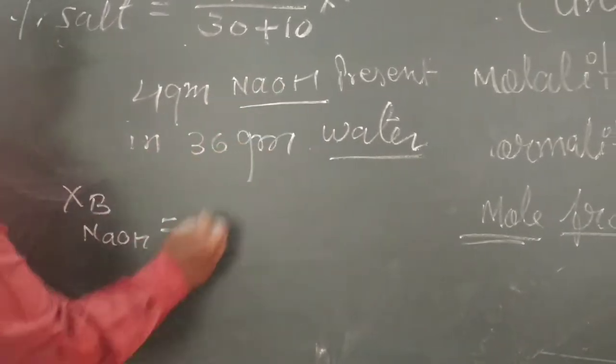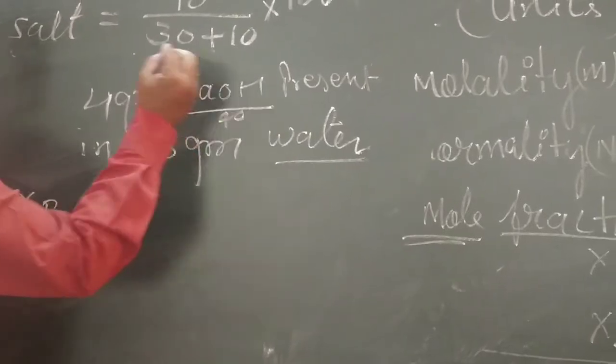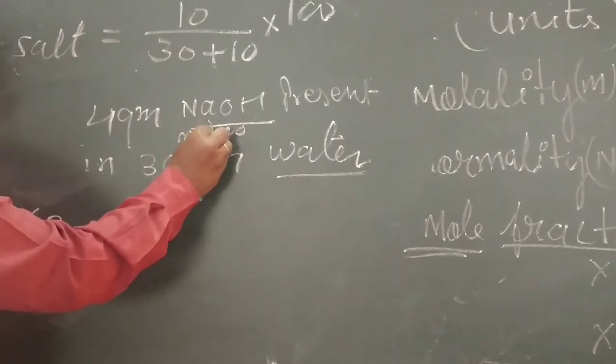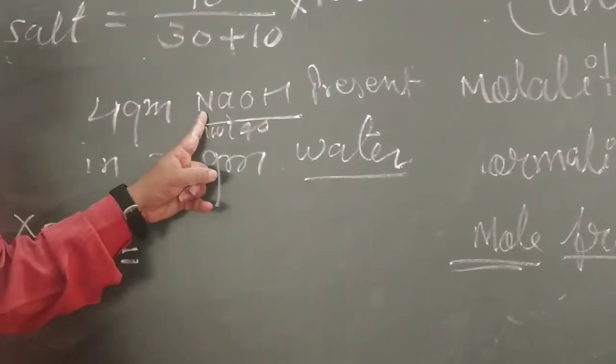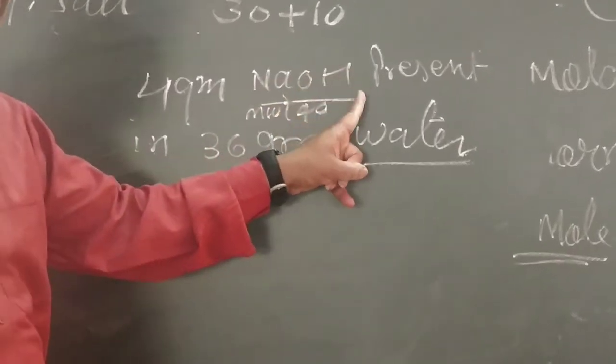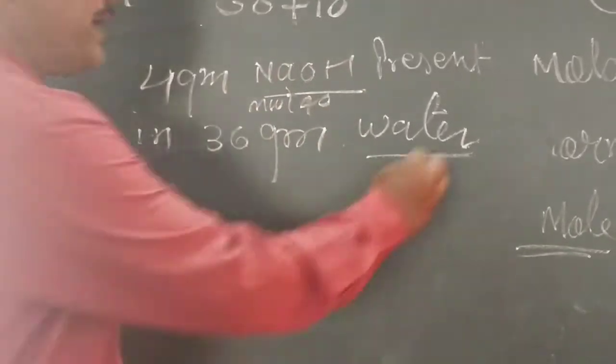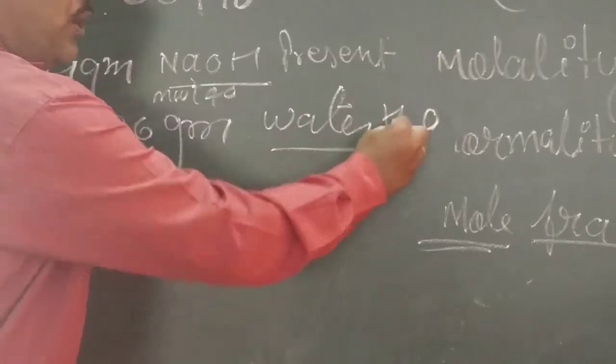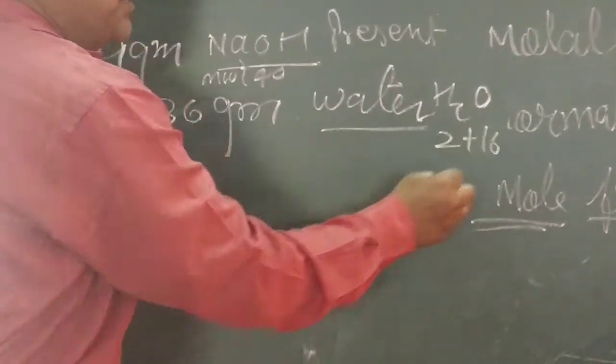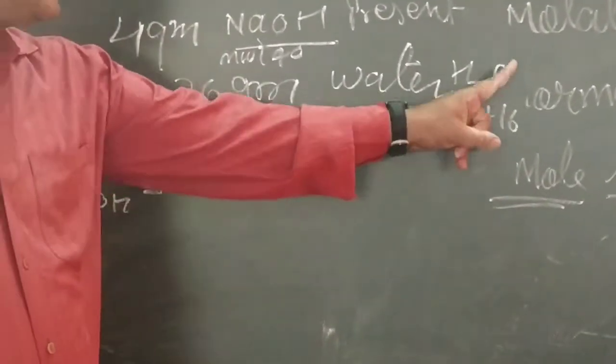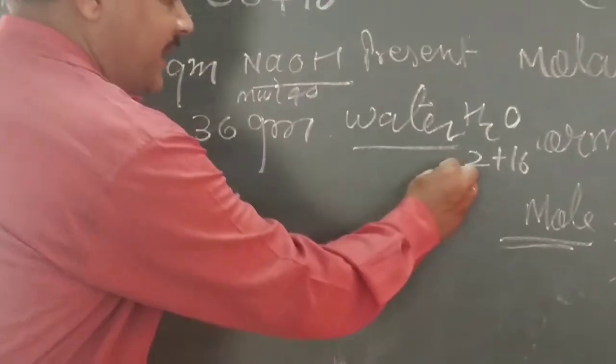Molecular mass of NaOH will come 40. This is MWT. It is the sum of 23 plus 16 plus 1 atomic mass. Water H2O, molecular mass 2 plus 16: 2 for both hydrogens and 16 for oxygen. Total is 18.